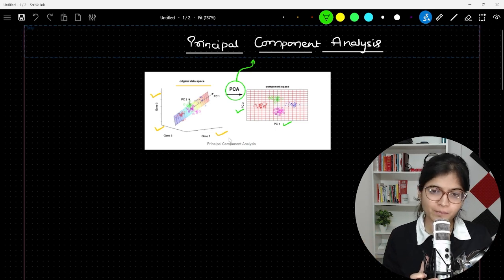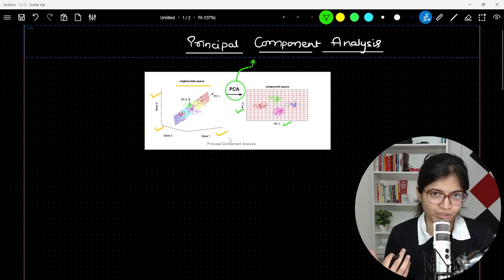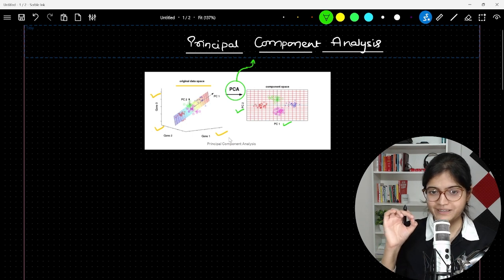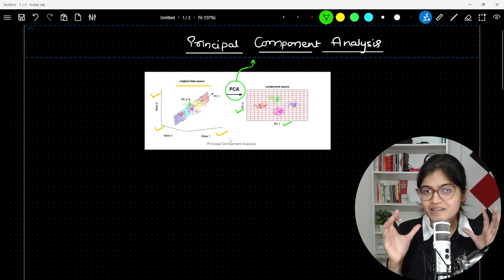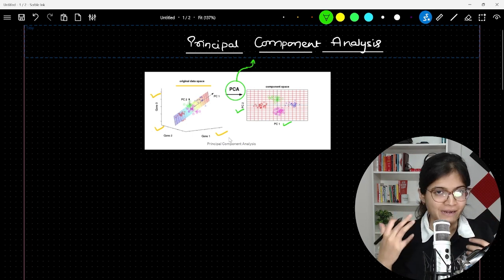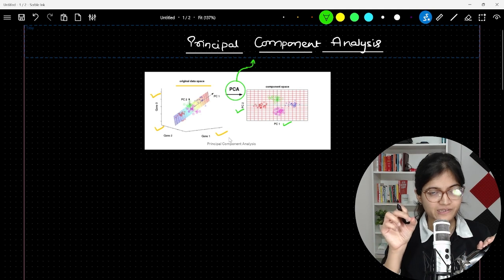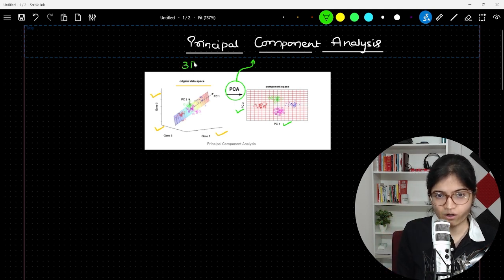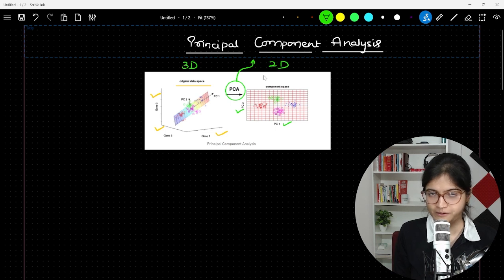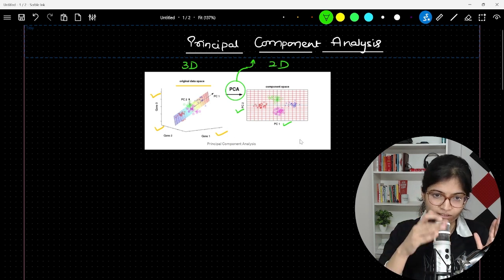Now, whenever we are talking about these components, PC1 and PC2, the question will be how we will be able to get those components. Just make sure that PC1 and PC2 are different features themselves, which we will evaluate by applying some sort of maths. But where we are trying to convert 3-dimensional space, or 3D data, to 2D data, these components contain the important information of the 3D data.